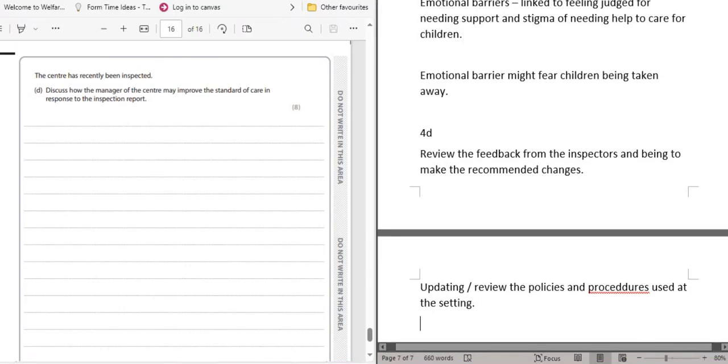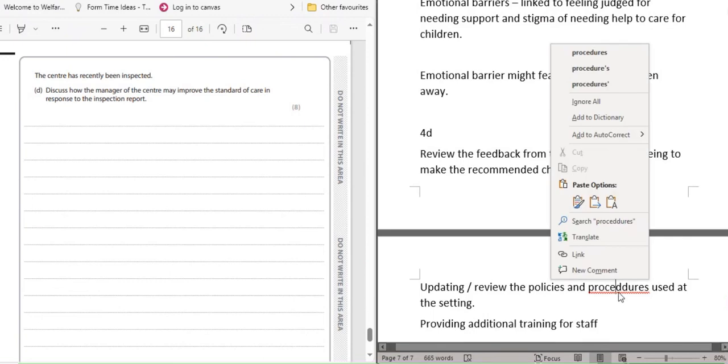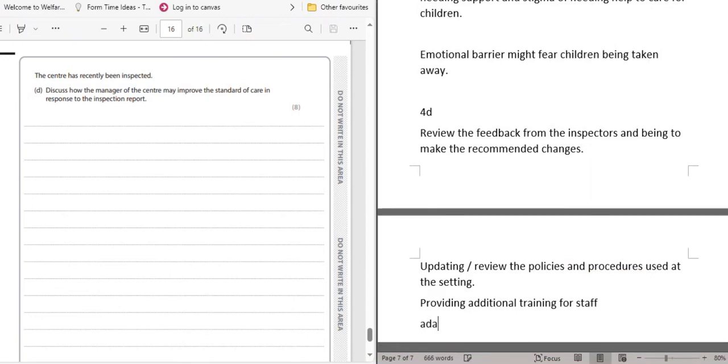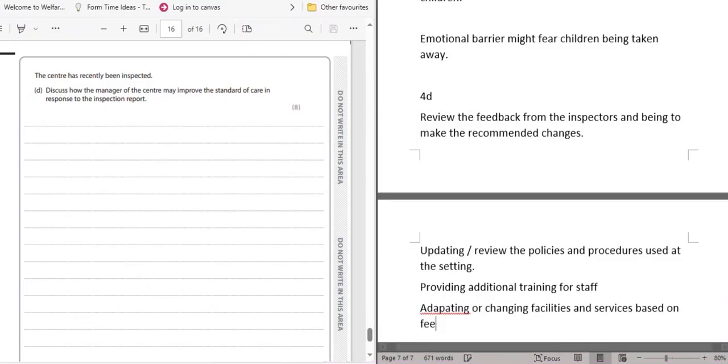It could involve providing additional training for staff. Adapting or changing facilities and services based on feedback.